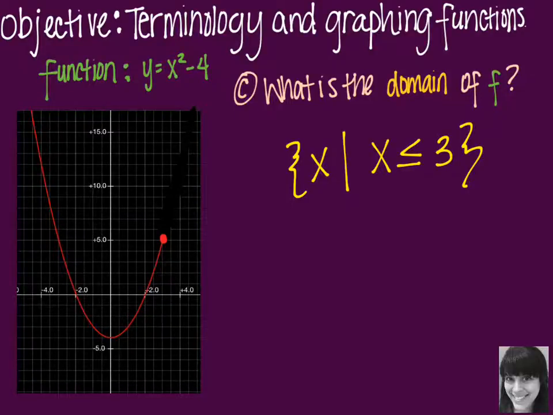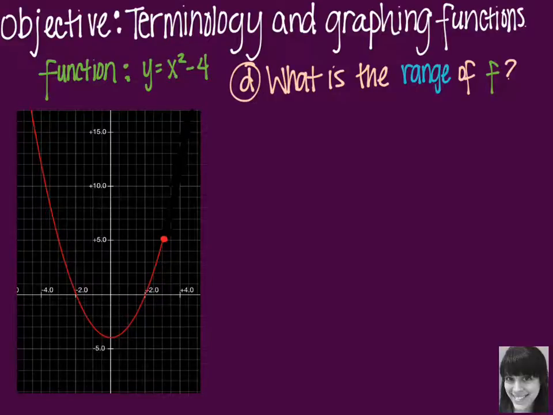Now let's look at the range. The range of f is all of the outputs. So you're looking at the y-axis, and you're seeing how far does your function go in the positive direction, and how low does it go in the negative direction. So as we can see, there's a point here, and it doesn't go further than that, right?